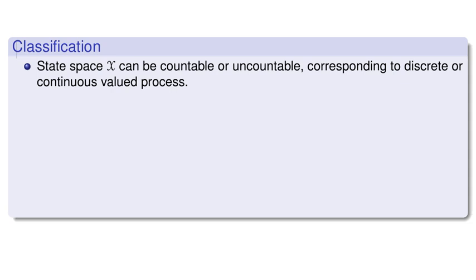We can classify random processes based on their state space and index set. The state space 𝒳 can be countable, corresponding to a discrete valued process, or uncountable, corresponding to a continuous valued process.